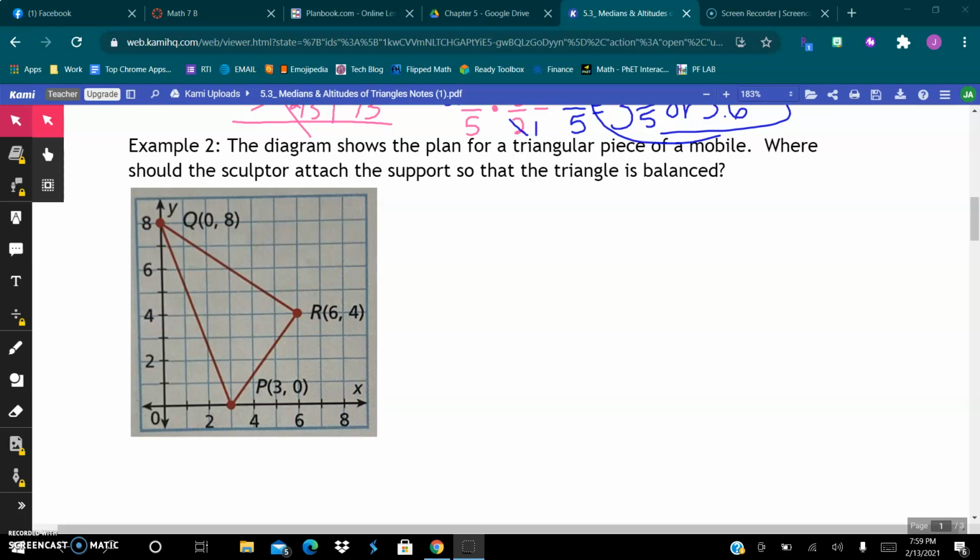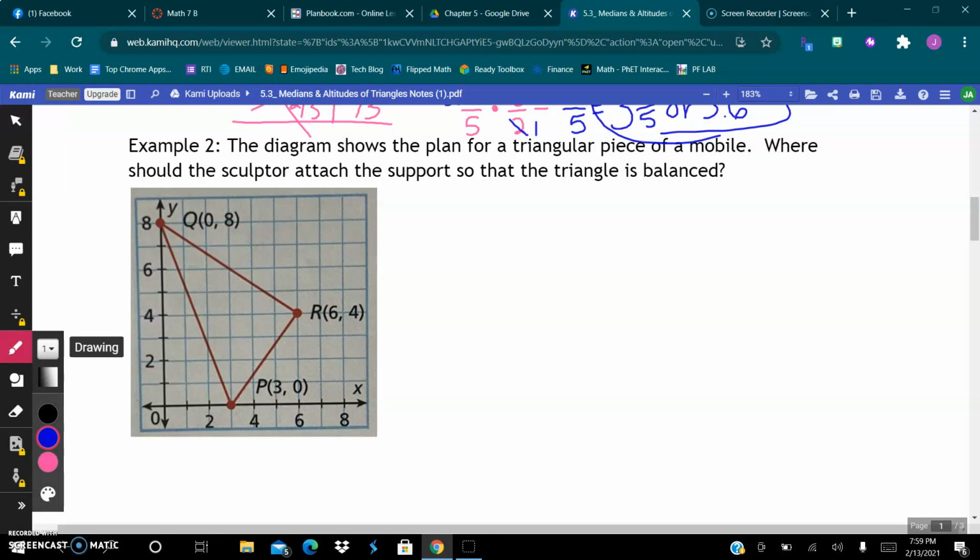So we have to find the point where all the medians meet, somewhere near the center of this triangle, and we have to find the midpoint of some of the sides.